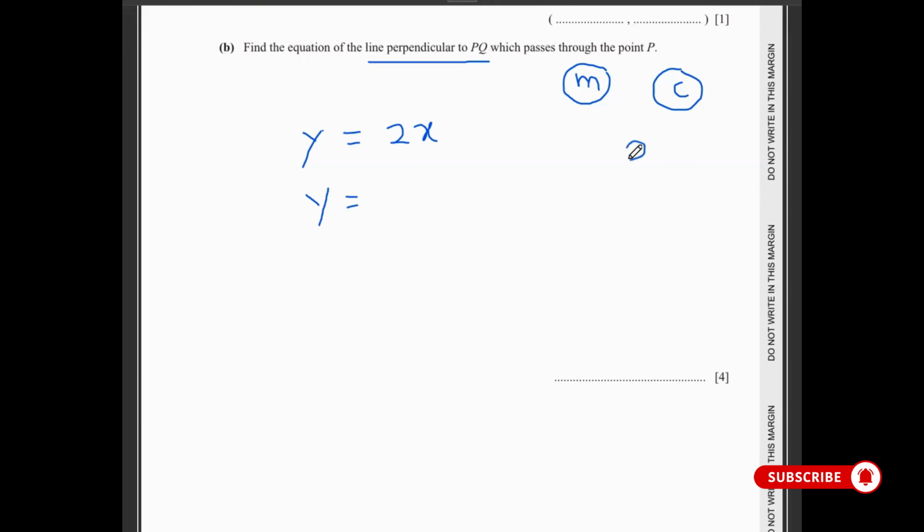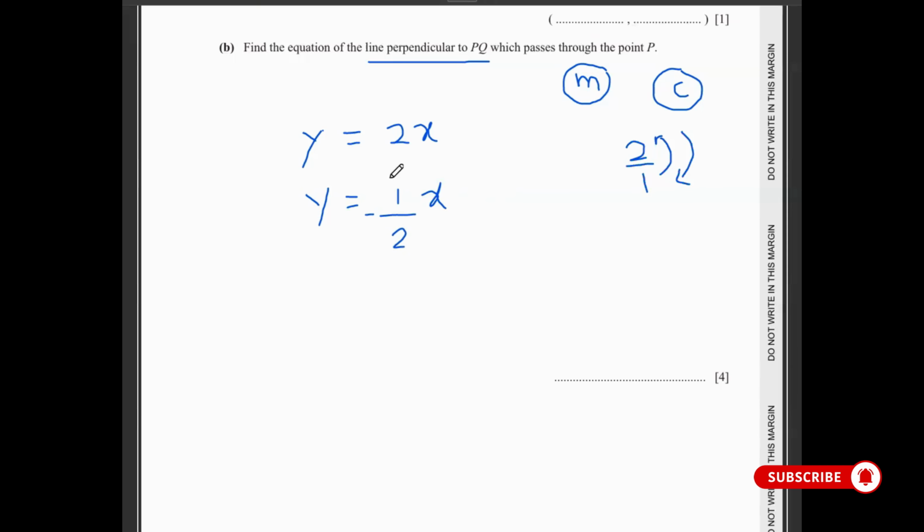If you turn 2 upside down, we know the denominator of 2 is 1, so it becomes half. I think it's clear for you. So the reciprocal is half, but not just the reciprocal. They say it's the negative reciprocal. Therefore, the perpendicular line will be y equals negative half x.